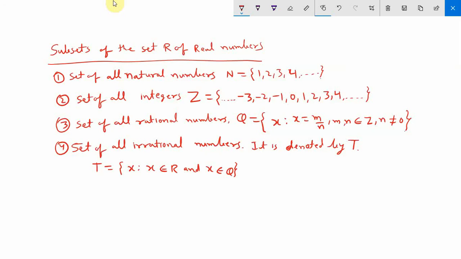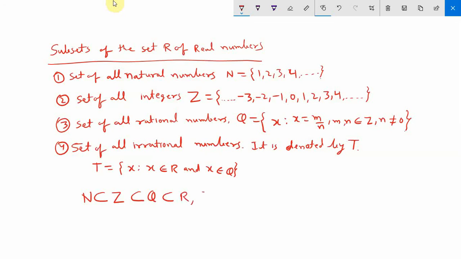So if we write all the subsets in order, natural numbers come first. A natural number is a subset of integers, and integers will be a subset of rational numbers, and rational numbers will be a subset of real numbers.